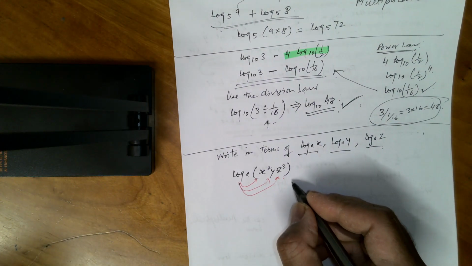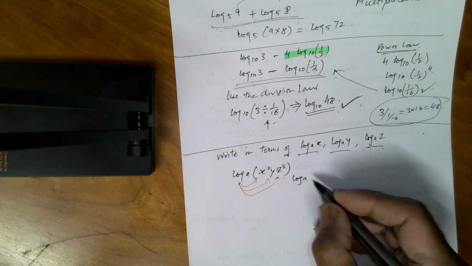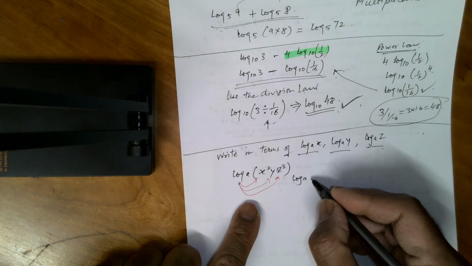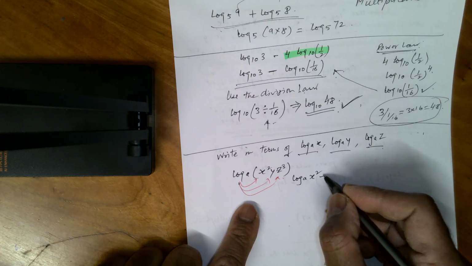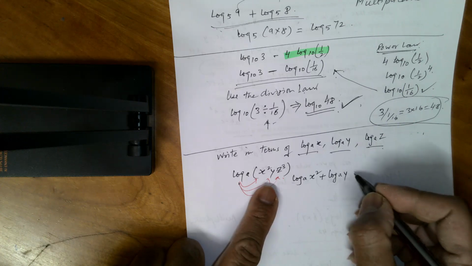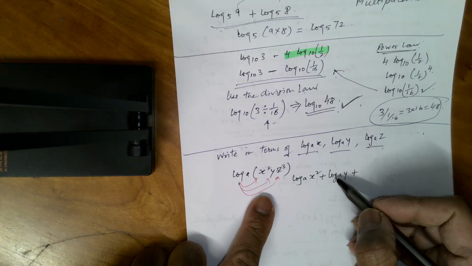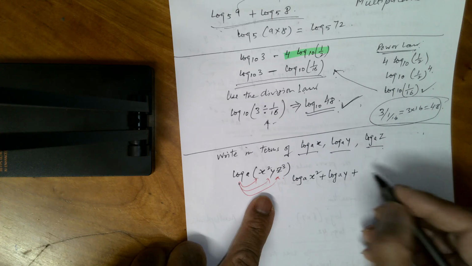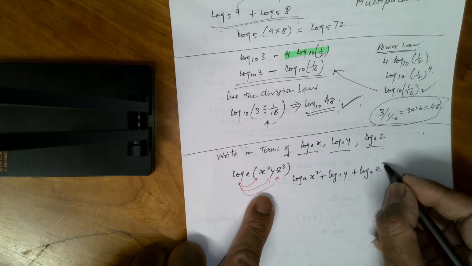We can write this like: you have your base a, then your x square here, plus y here. So x square first with the log of base a, then y, and then z.